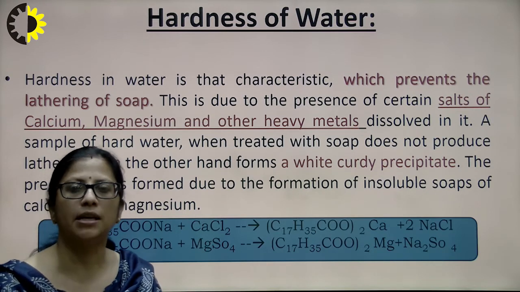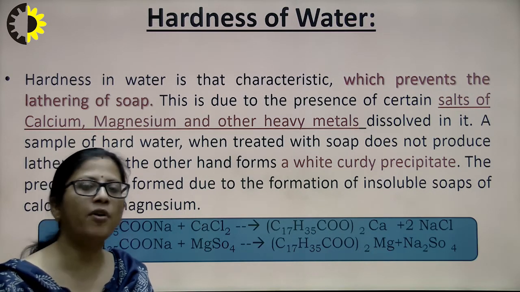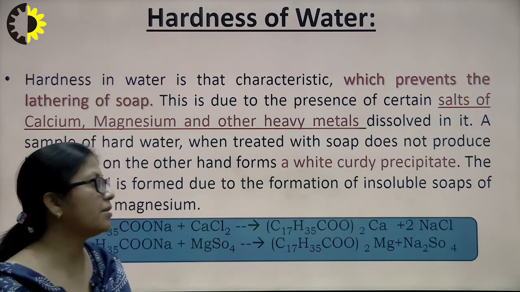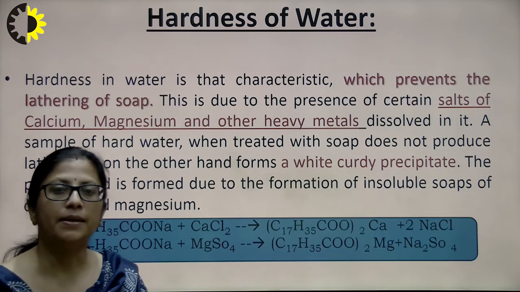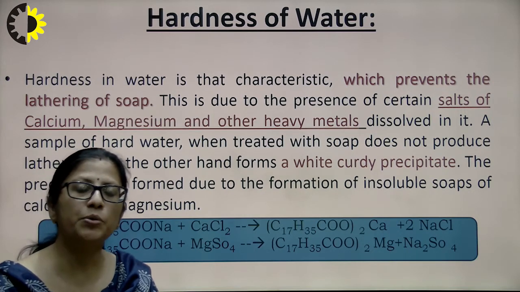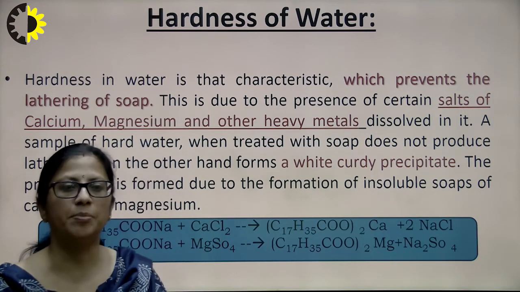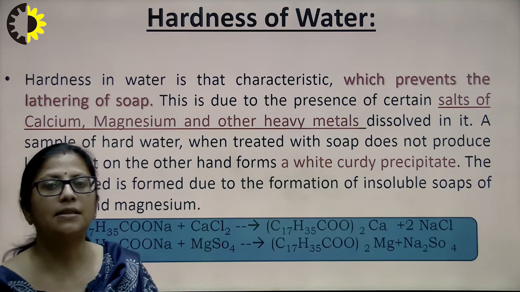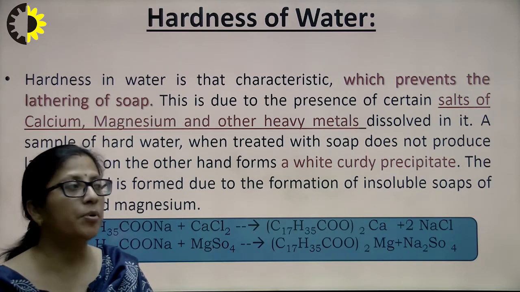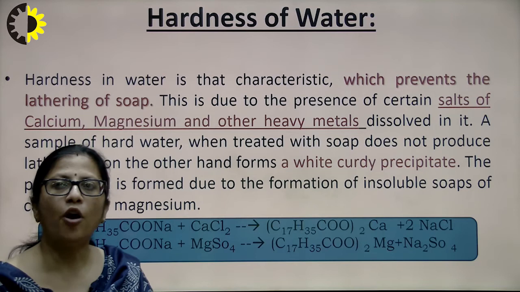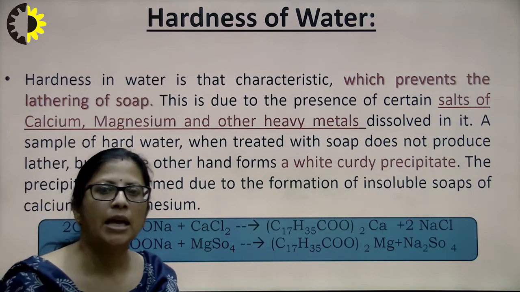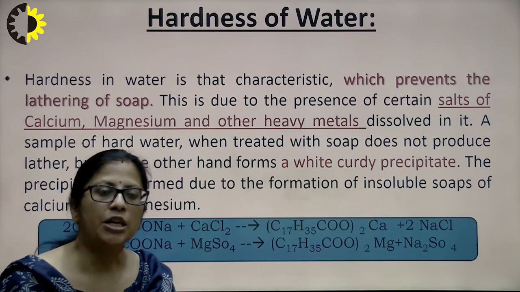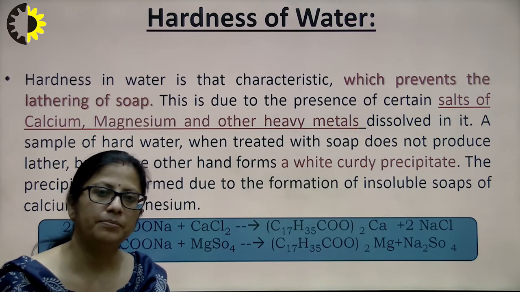A sample of hard water, when treated with soap, does not produce lather, but produces a white curdy precipitate which is known as scum. The precipitate is formed due to the formation of insoluble soaps of calcium and magnesium.